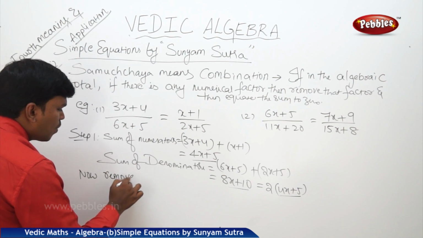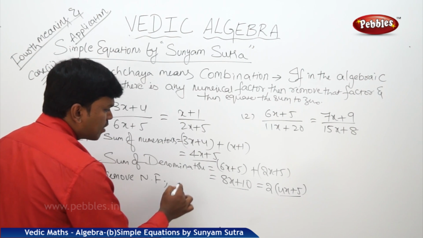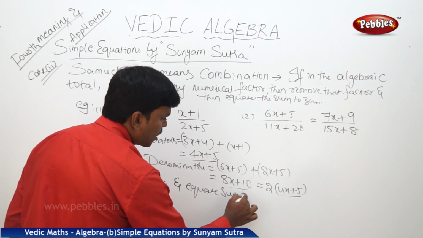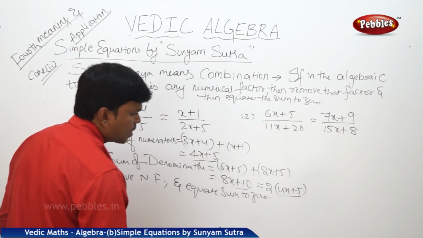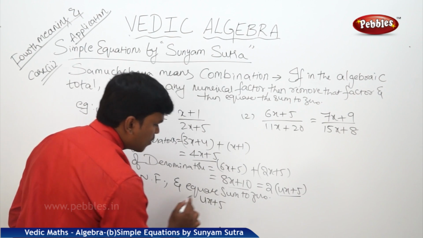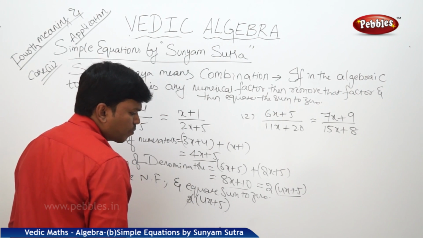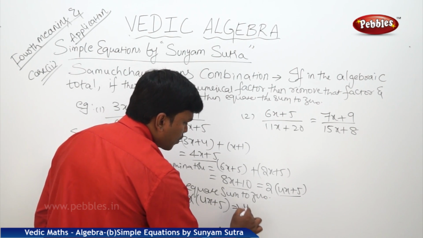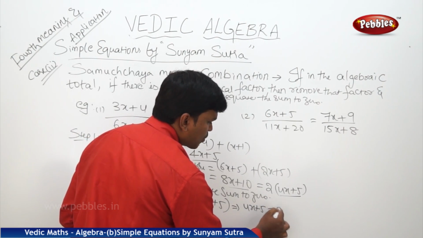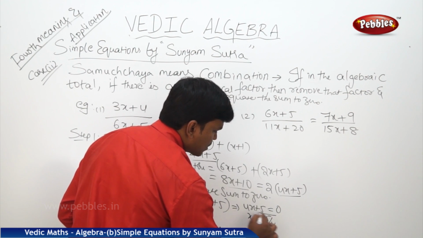Remove the numerical factor and equate the sum to 0. So what is the sum here? 4x plus 5. I am removing the 2 from 2 into 4x plus 5 and taking only 4x plus 5, which is the common sum we have. Simply I am equating it to 0. Then what is x finally? x is minus 5 by 4. This is our final solution.